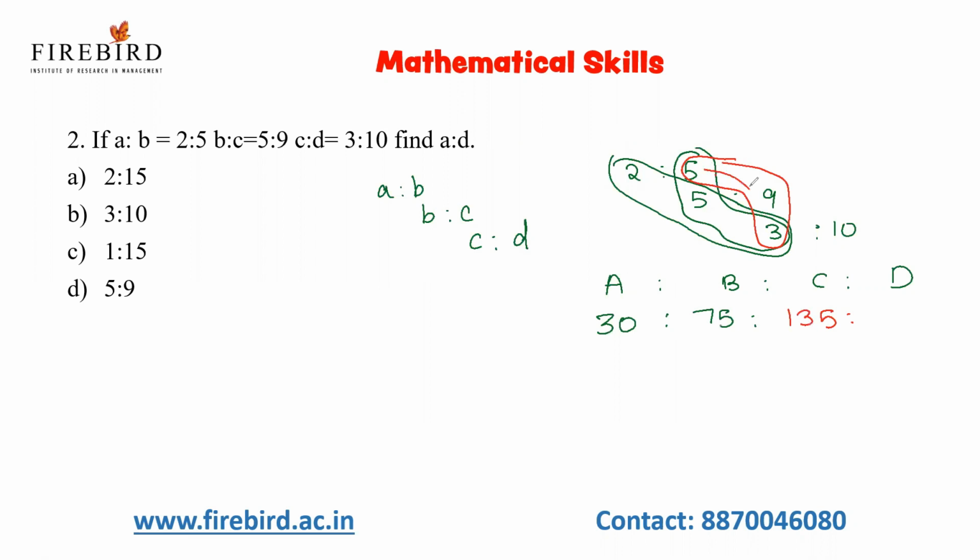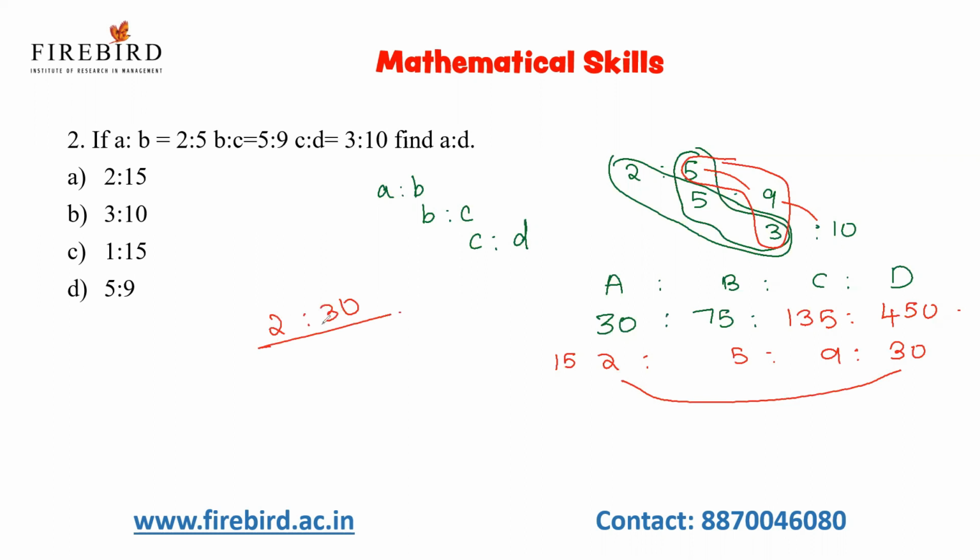And for D, 5 into 9, 45, 45 into 10, 450. So divide the whole part by 15. Now they are asking the ratio between A and B. 30 is to 450 is not there in the answer, so reduce it, because both are divisible by 15, so 2 is to 30, and dividing by 2, 1 is to 15 is your answer. Do you all understand?